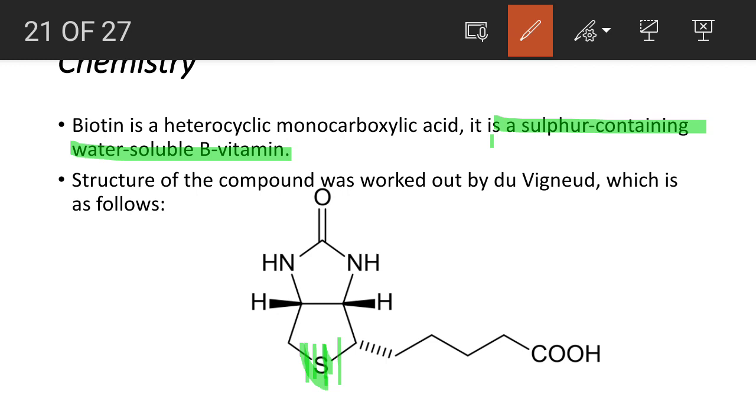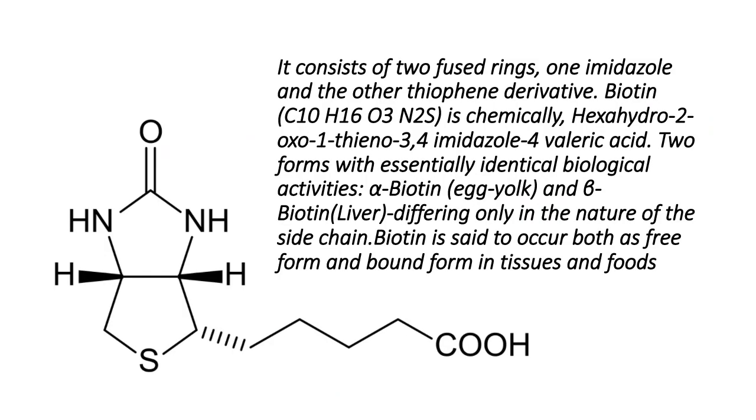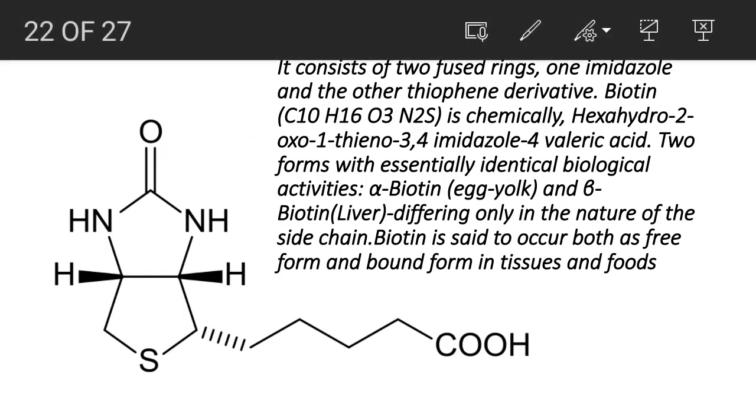The structure of the compound was worked out by Du Vigneaud, which is as follows, and it also has an acidic group at the end. It consists of two fused rings, one imidazole and the other a thiophene derivative.